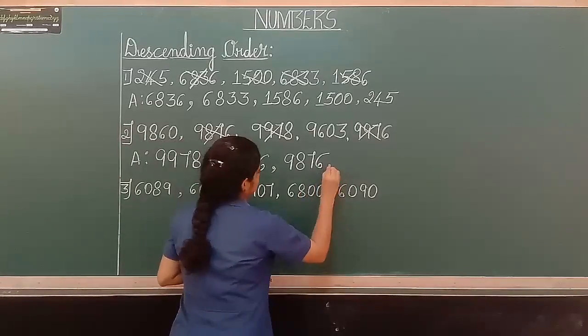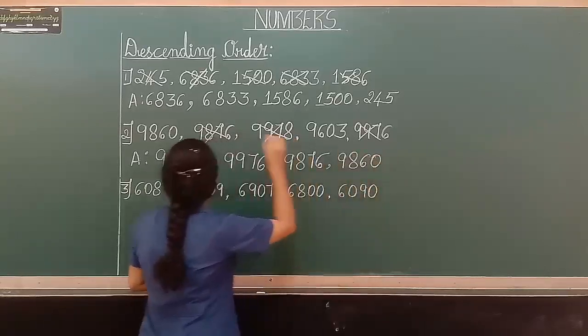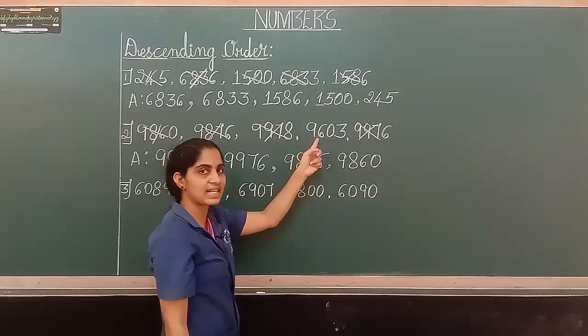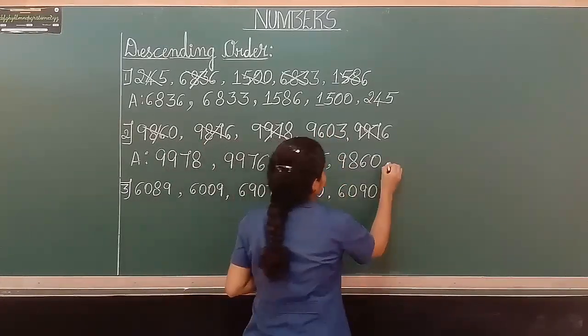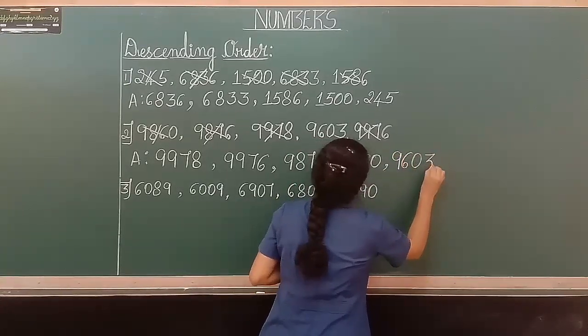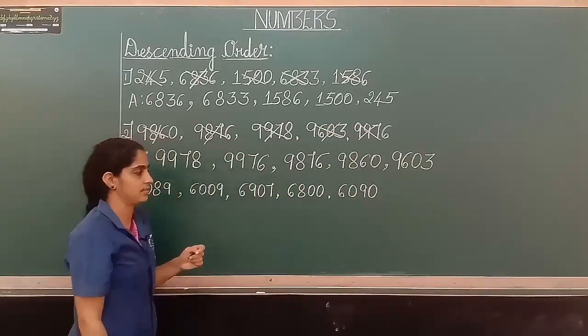Let us write. And the remaining number is 9603. So we have to write that number at the end. So this is the answer.